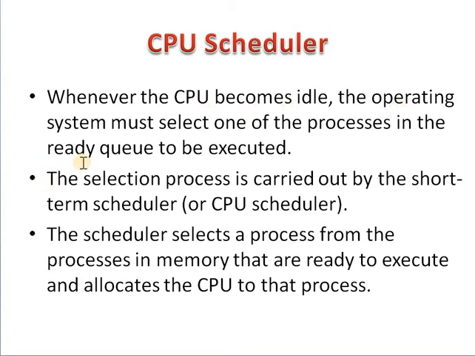The operating system selects one of the processes from the ready queue whenever the CPU becomes idle, and that selection is carried out by the short-term scheduler, which we also call the CPU scheduler.